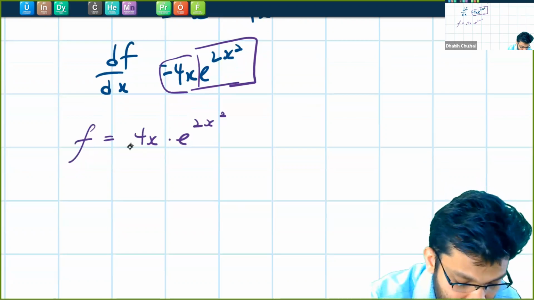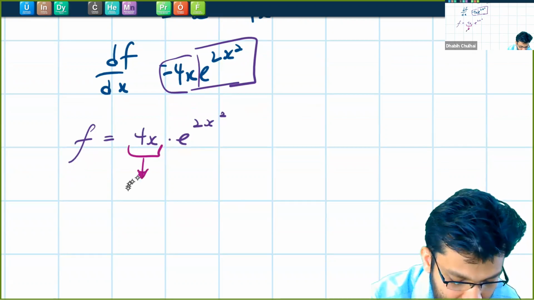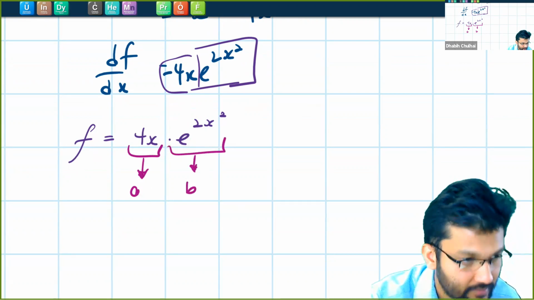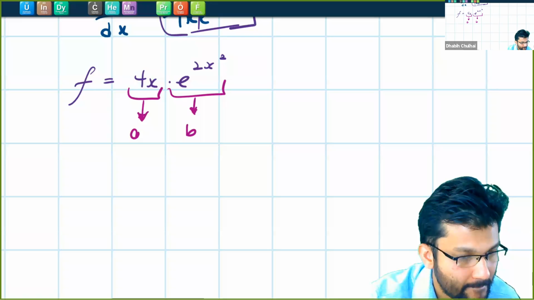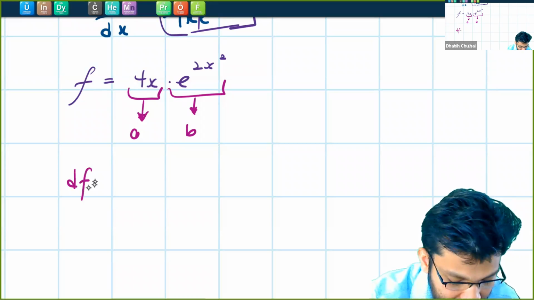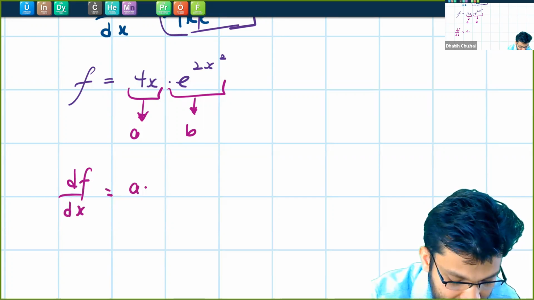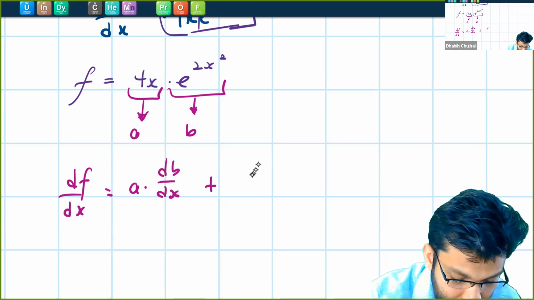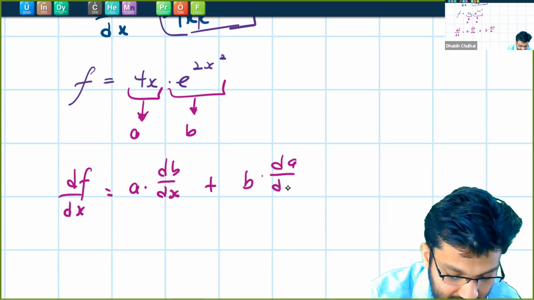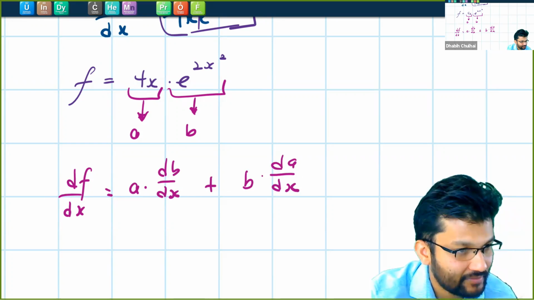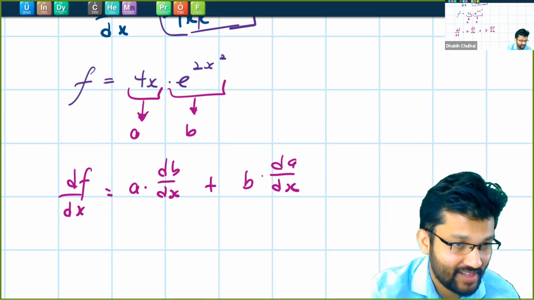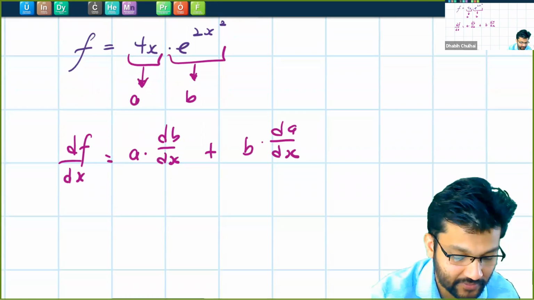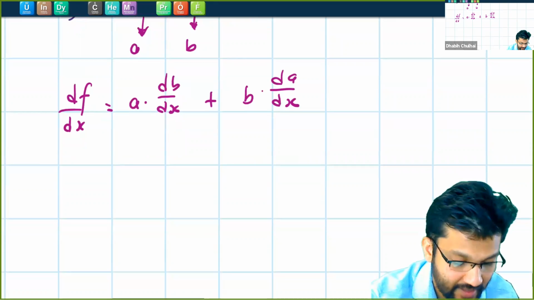We'll call this part a, and we'll call this part b. If you remember your product rule, df/dx is equal to a times db/dx plus b times da/dx. Remember that? There's a lot of calculus in this course, unfortunately. So I wanted you to just get familiar with these sorts of rules.